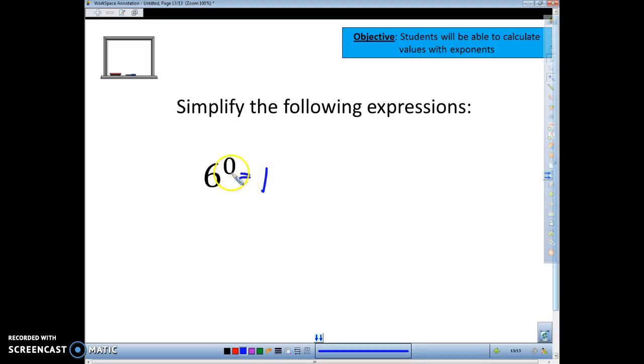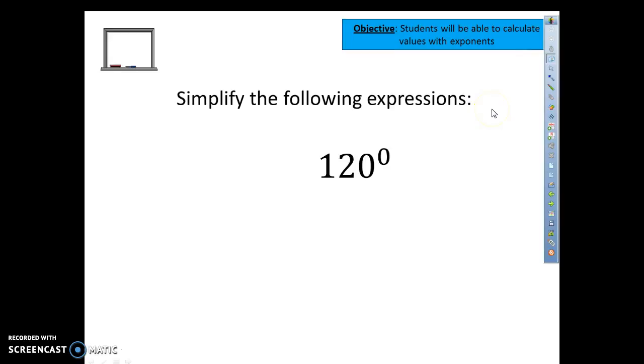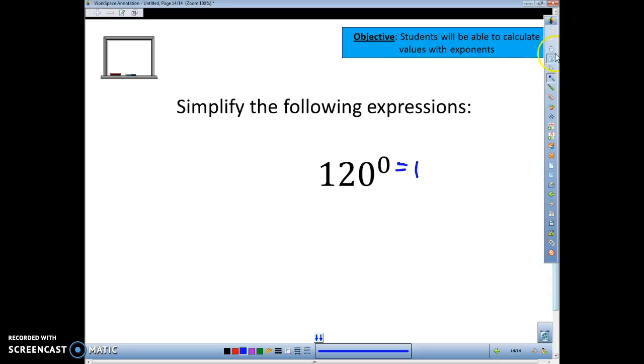Anything to the power of 0 is 1. Very easy. You don't even have to write this down, but I want you to think, what is 120 to the power of 0? Well, it's just 1. It has an exponent of 0. The answer is 1. Very simple.